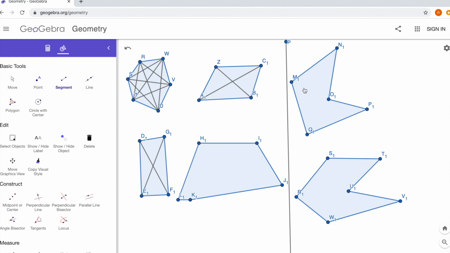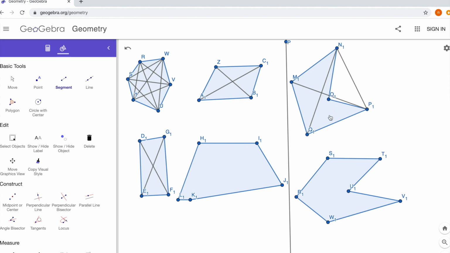So let us see in this polygon, if I join the diagonals or opposite vertices, one lies partly outside and inside also. It is interior and exterior both. One is interior only and some are completely outside the figure.